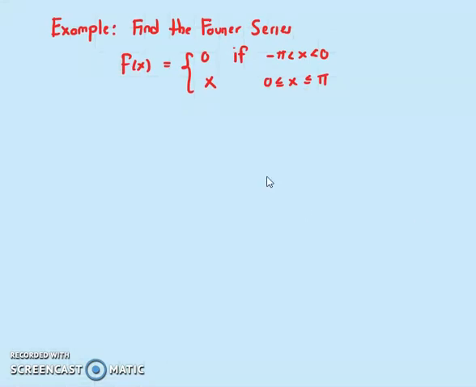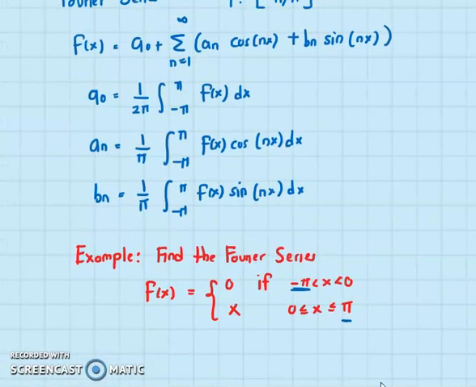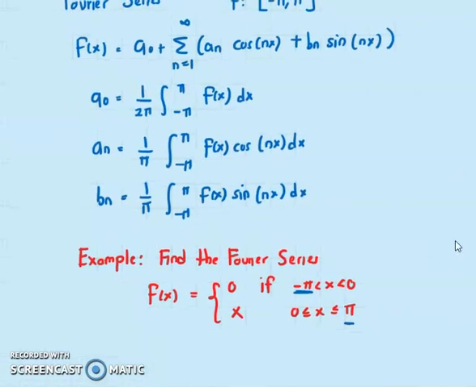Now if you look at it, before we use the Fourier series, because for different series we have different formulas, in this case you look at the interval, and it is from minus pi to pi. Okay, so therefore we can find it using the equation given. So you need to find a naught, an, bn, and once you obtain these values, put them into your f(x).